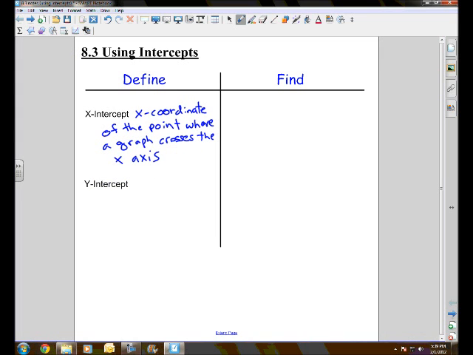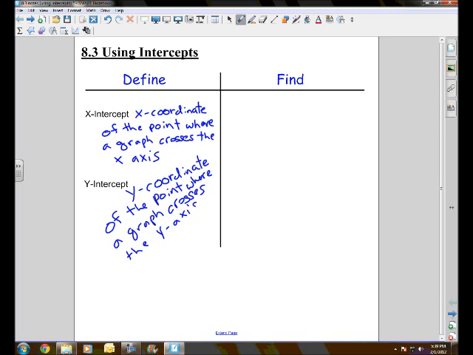The y-intercept then, it makes sense, would be the y-coordinate of the point where a graph crosses the y-axis. Sure. Okay, well that seems easy enough.